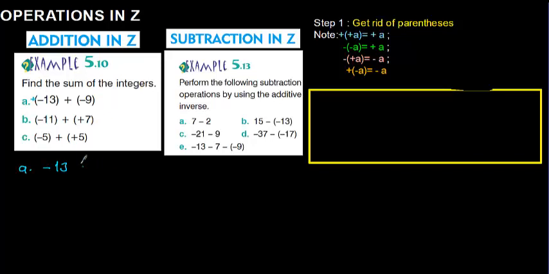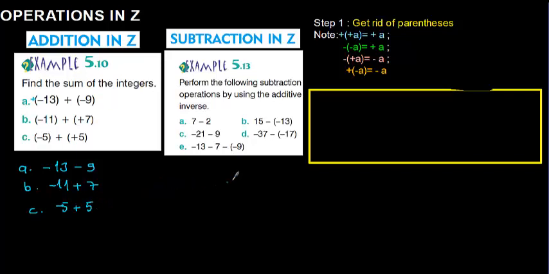The second one is plus and minus, that's minus 9. The second exercise is minus, plus and minus, it's minus 11. Plus and plus 7 it's going to be plus 7. And the C1, minus plus and minus is minus 5. Plus and plus is going to be plus 5.